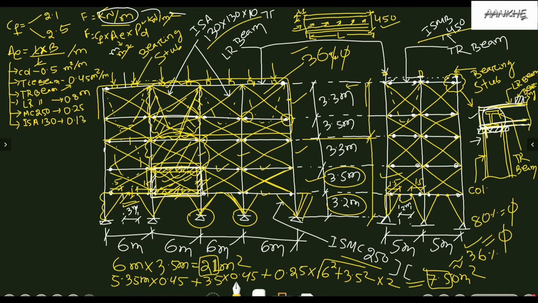Okay. So once you have found out AE, CF is already with you. Now the next part is to find out the Pd.